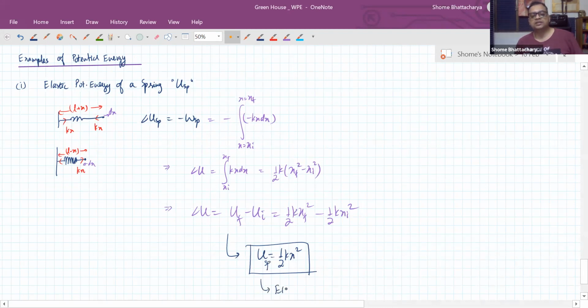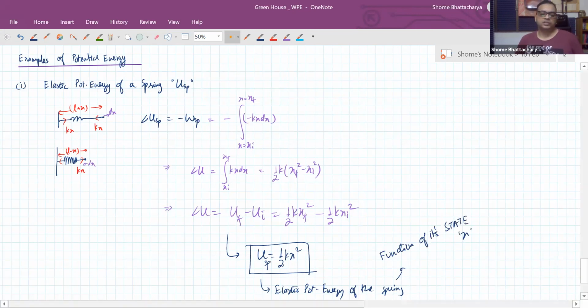This is the elastic potential energy of the spring, and it is a function of its state. This is nothing but the value of x.